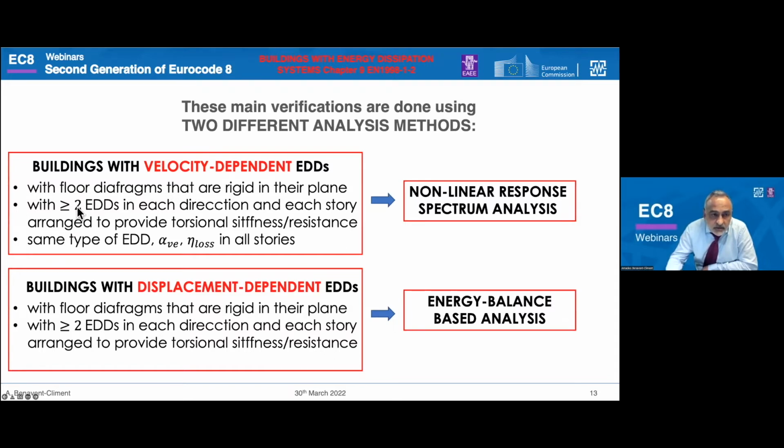It is required also to install at least two dampers in each direction and in each story, and they must be arranged, preferably in the perimeter of the building, in order to provide torsional stiffness and resistance. In the case of velocity-dependent dampers, it is also necessary, to apply this method, that all the dampers are of the same type. Similar requirements are applied for buildings with displacement-dependent dampers.